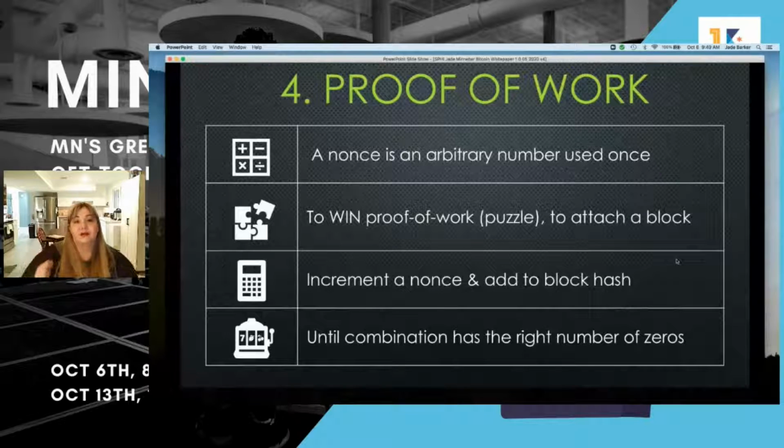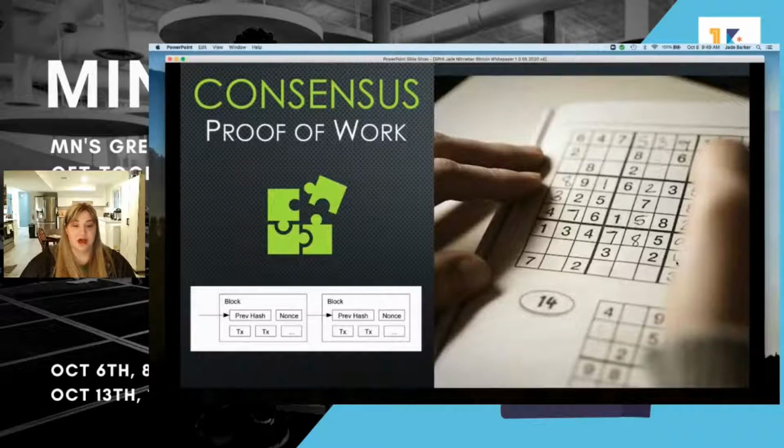And at some point you're trying to hit this output that has enough leading zeros, like I have to have 32 leading zeros in this. So it's an incredible amount of computation just going crazy in there until you hit that right number. And whoever does that wins the right to add a block. So that's that throttling mechanism we're talking about.